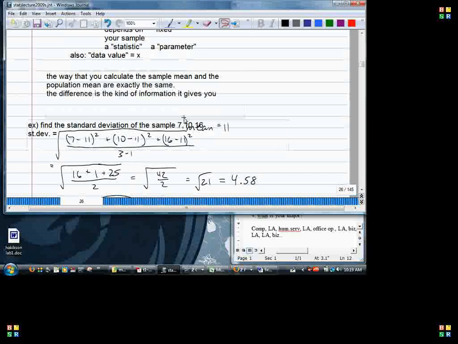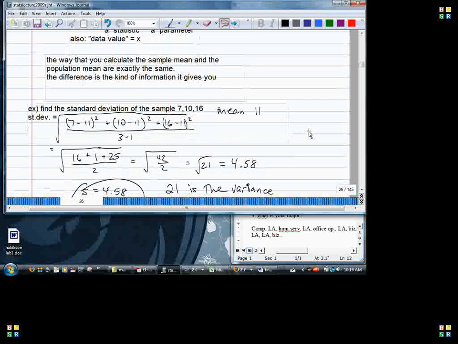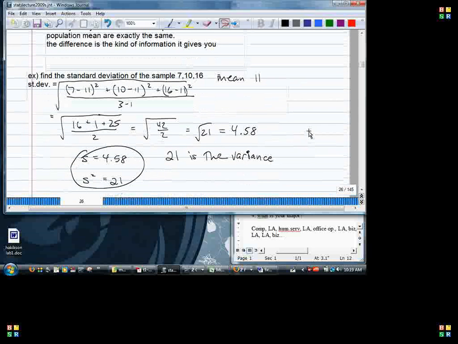I made it a sample. So therefore you would write what? s equals 4.58. And since 21 is the variance, how would you write that part down? s squared equals 21. There you go. You guys are now well on your way to being professional statisticians.